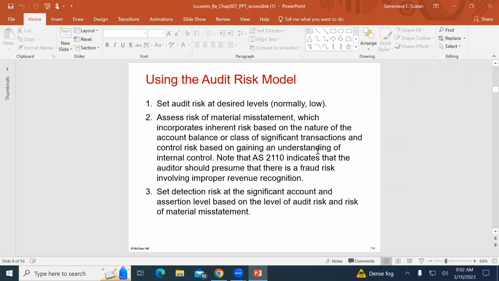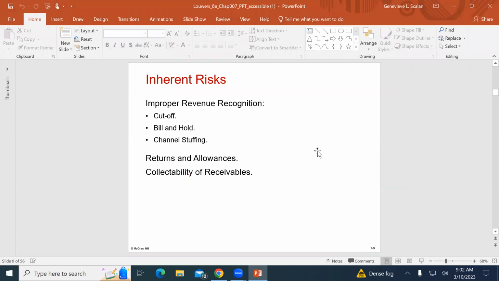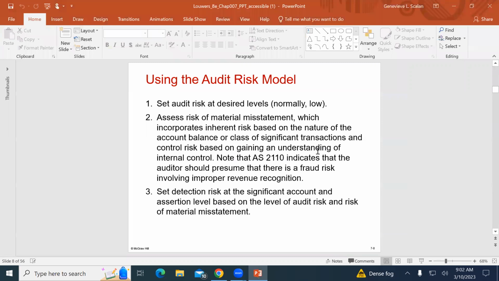So obviously when we audit, we are employing the audit risk model to help us decide what to test, when to test, how to test it. We're interested in risk and reducing the risk of getting the audit wrong. So that means we have to understand the inherent risks.